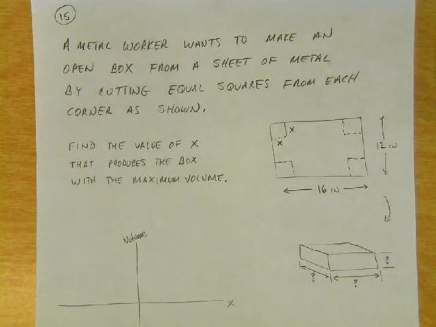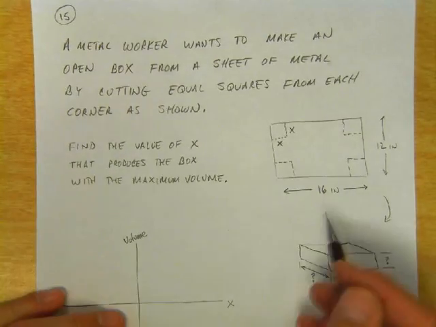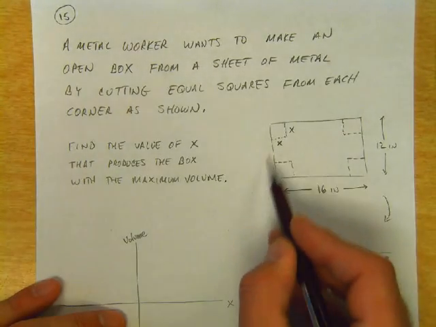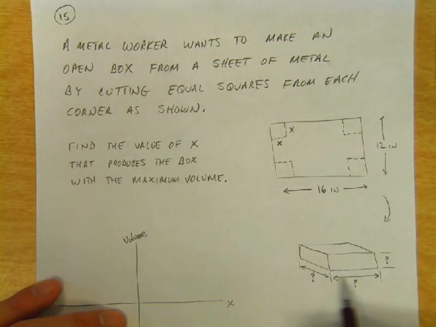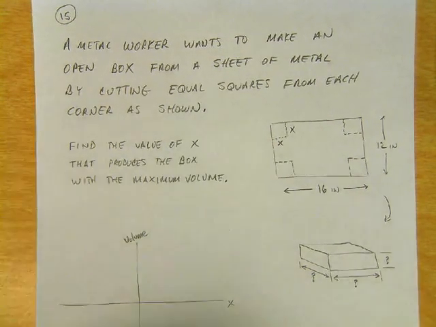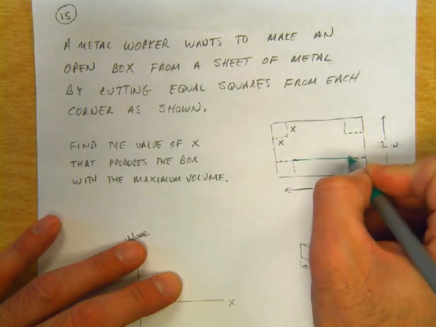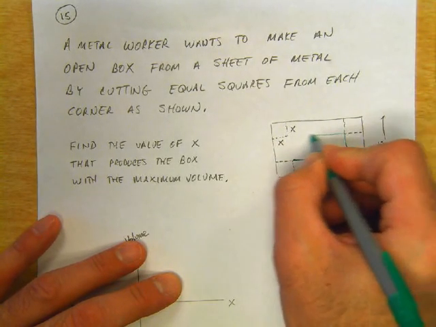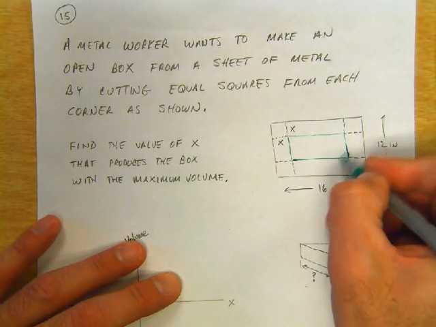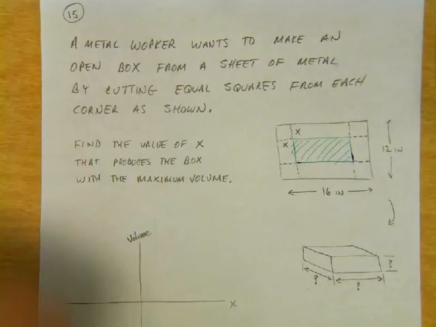All right, so here we go. Let's see. Here's the dimensions of the sheet, and here's the box when it's all folded up. And so let's kind of figure out what happens. We're going to cut out the corners, and then isn't that going to become the bottom of the pan?